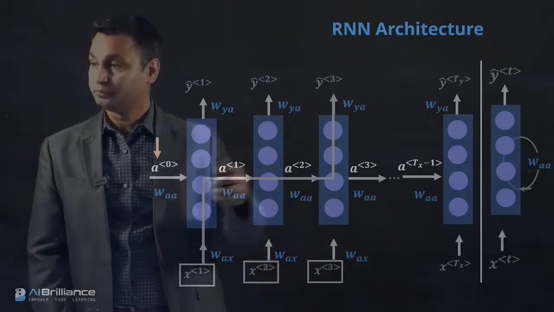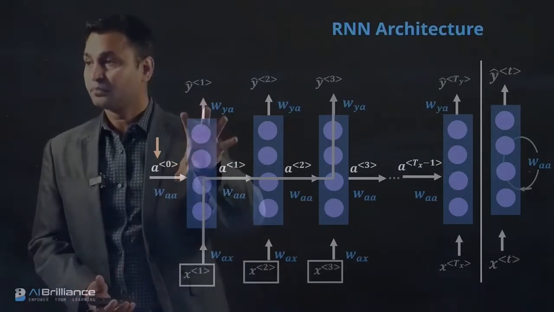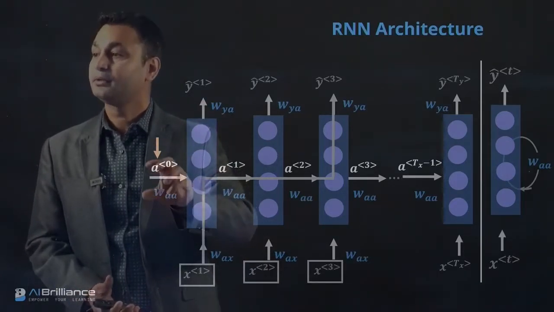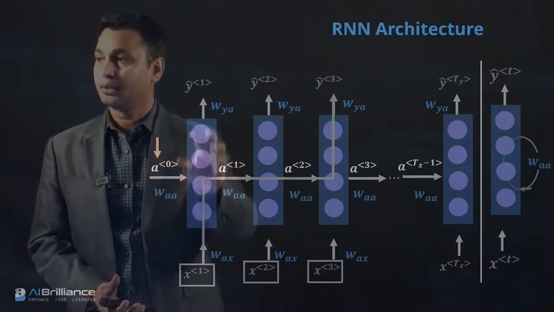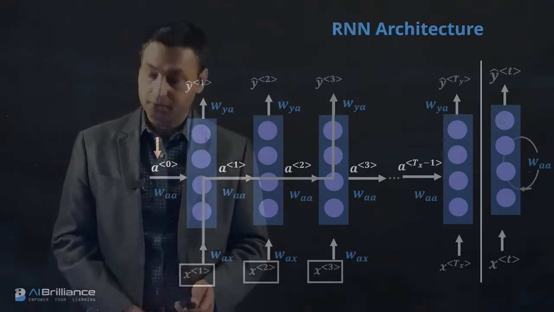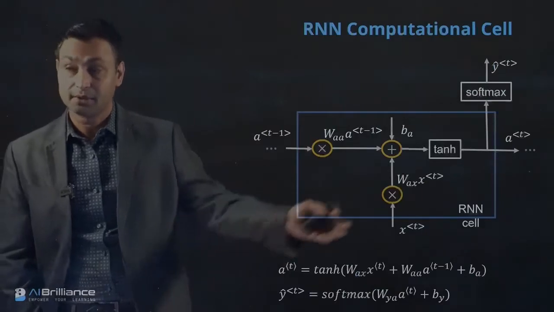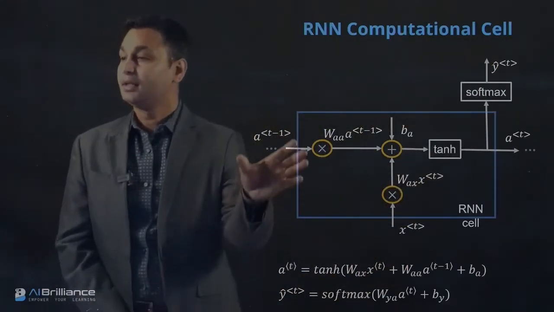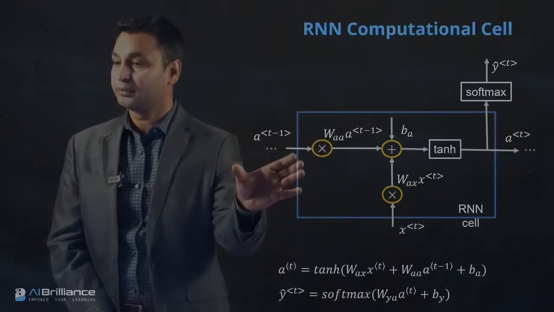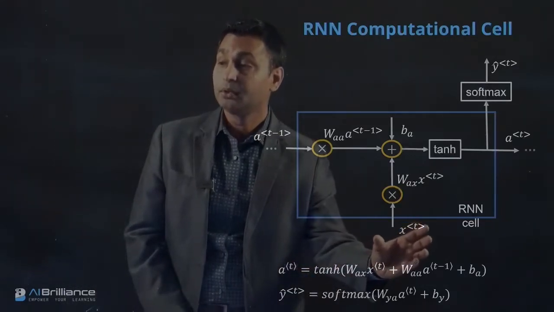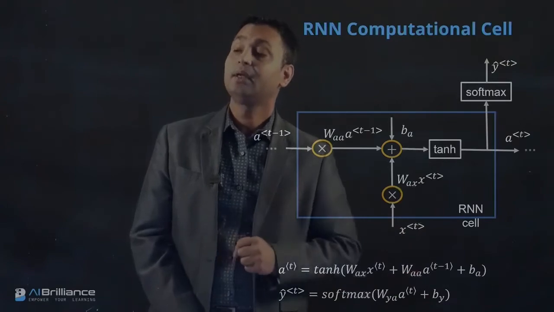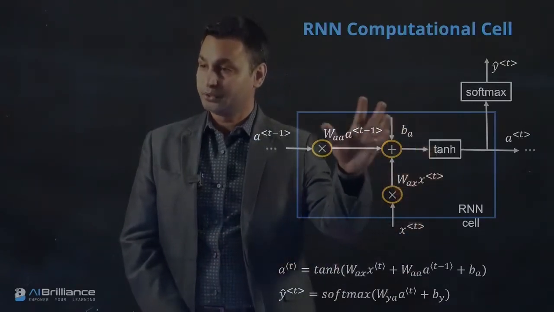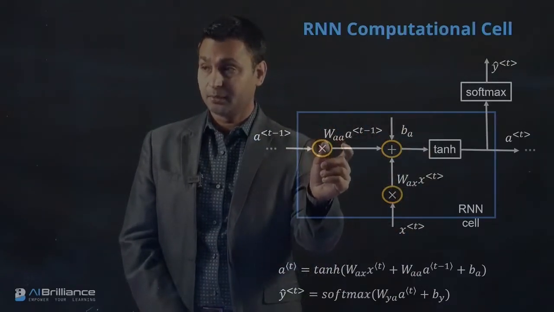So this whole first block, with A0, A1, X1 and Y1, could be represented by what you are seeing here. You can see that there is an activation coming from the previous layer, and there is an input in the current layer, and then you do a bunch of computations. What are the parameters? WAA.